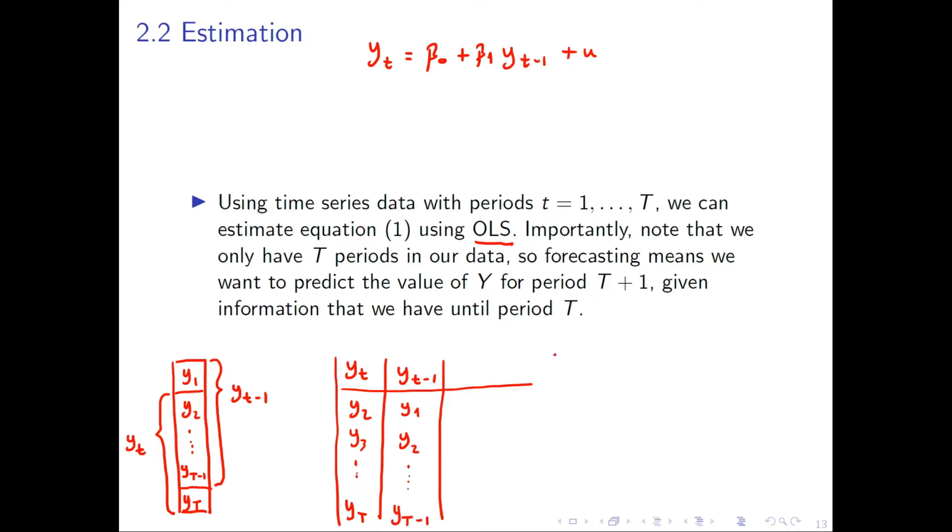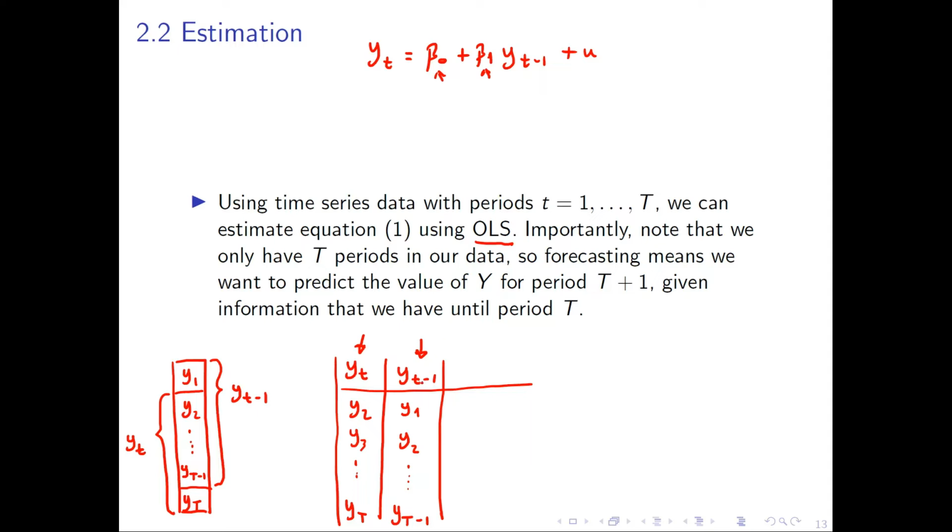Okay, so now you can just regress. These would be your y variables, and these would be your x variables, right? And you could just run the regression and get an estimate of the intercept and the slope.